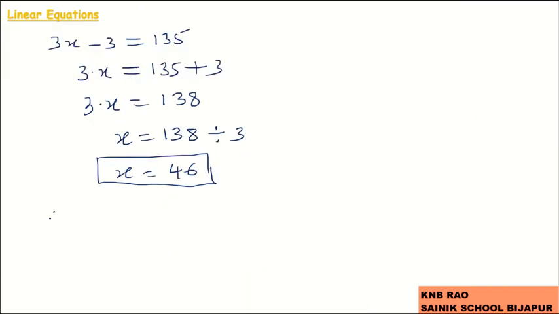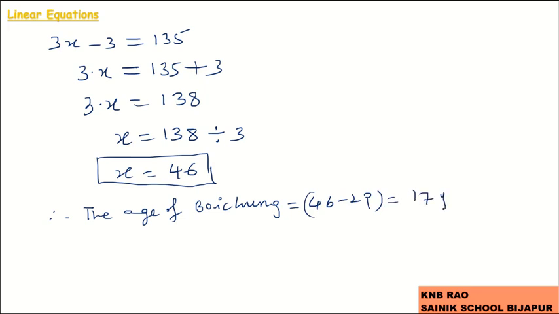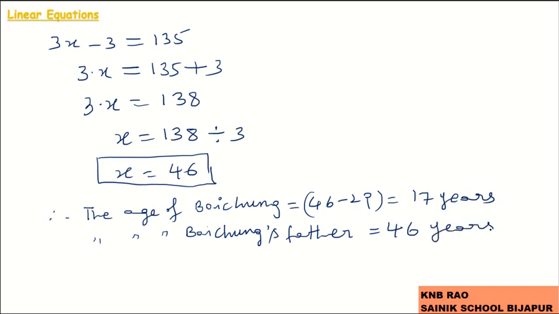Now, we will write that the age of Baichung, which is 46 minus 29, gives us 17 years. Next, the age of Baichung's father, which is 46 years old.